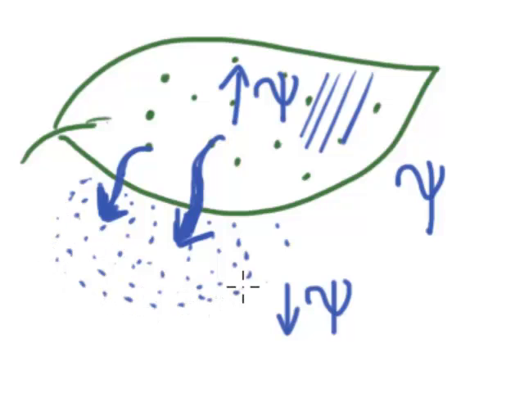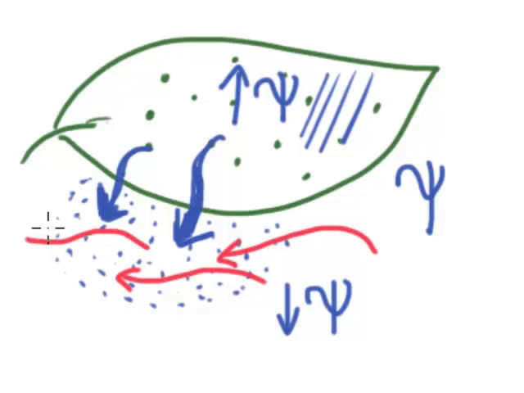Now, if we were to introduce wind, the air currents would increase past the leaf and would blow this evaporated water vapor away. The effect here would be to greatly increase the difference in water potential.